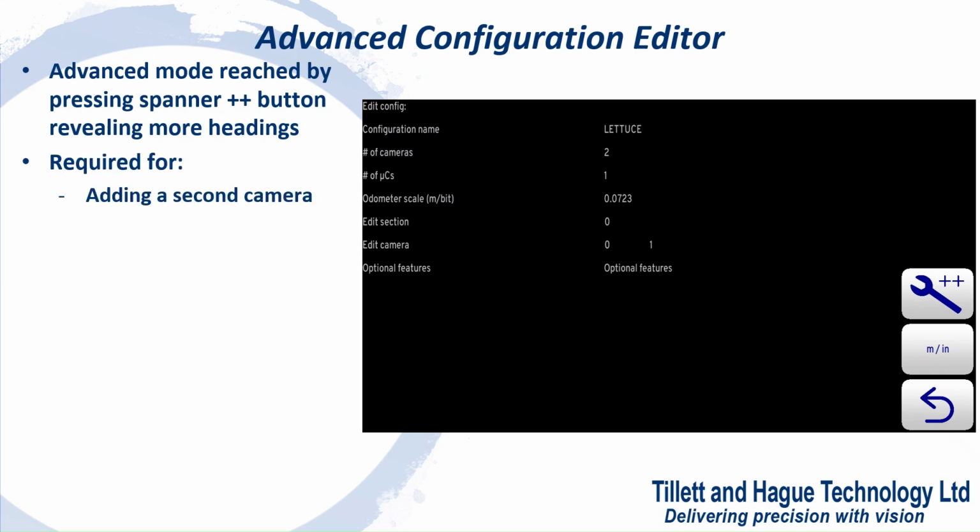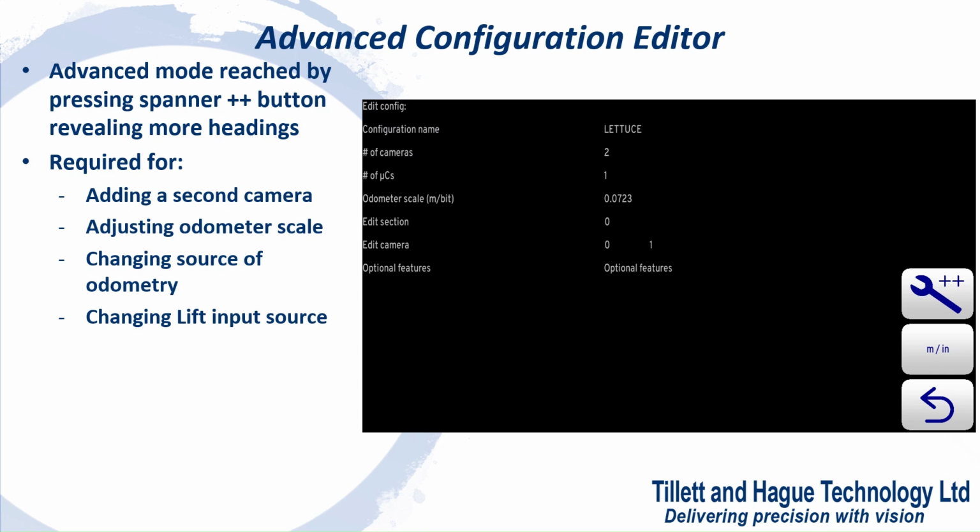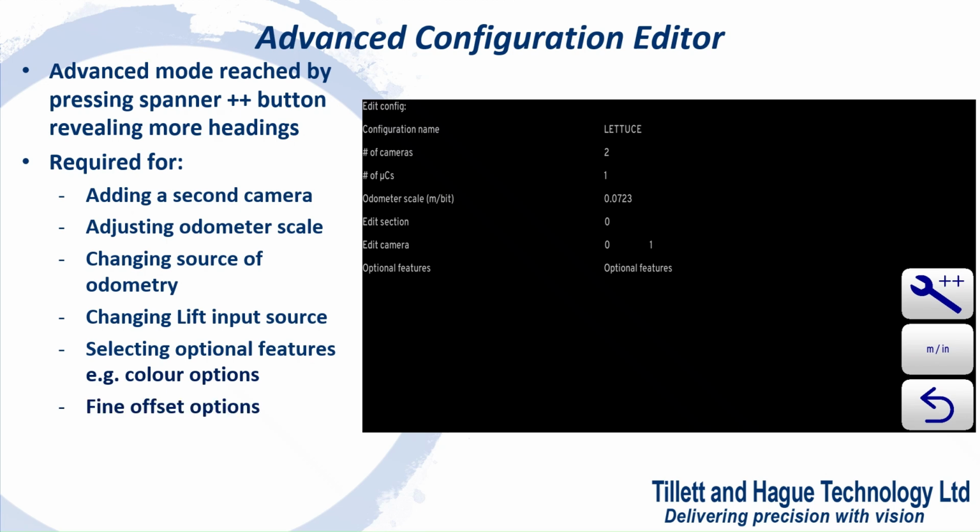These changes include adding a second camera, adjusting odometer scale, changing the source of odometry, changing the source of lift input, selecting optional features, for example enabling alternative colour options, fine offset options, and the speedometer scale adjustment to suit your application. We will go through these in detail, but there are other changes not covered here that can be made following similar procedures.